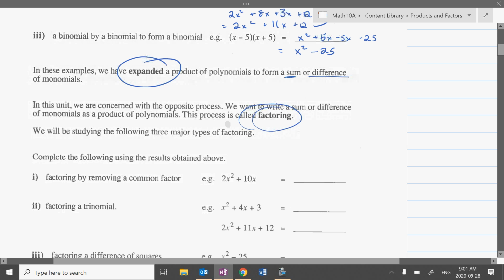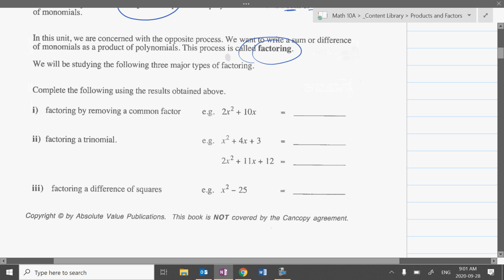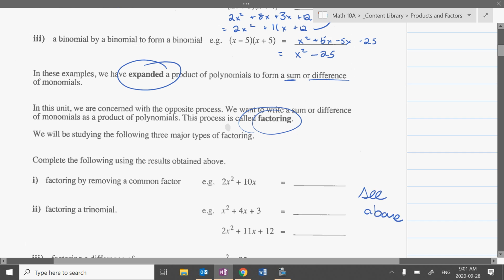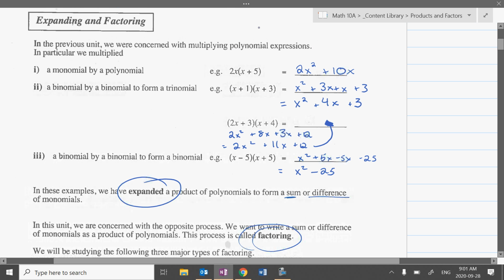This next example is just rewriting these back in the way it was. In this one, this column is our factored form. This column is our expanded form. I'm not going to make you rewrite these out twice, though.